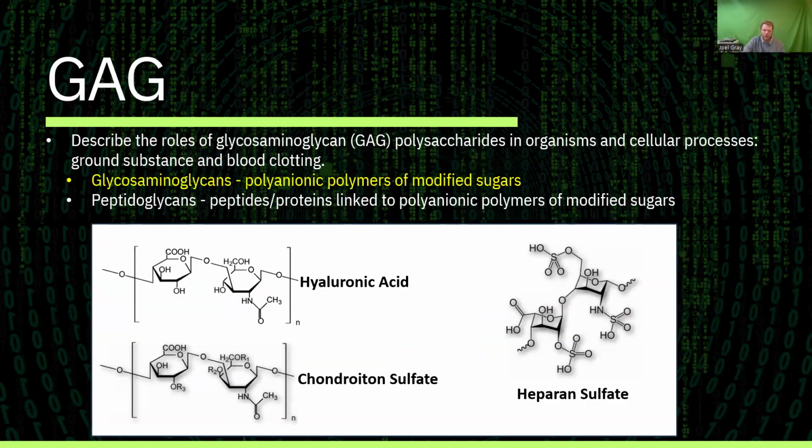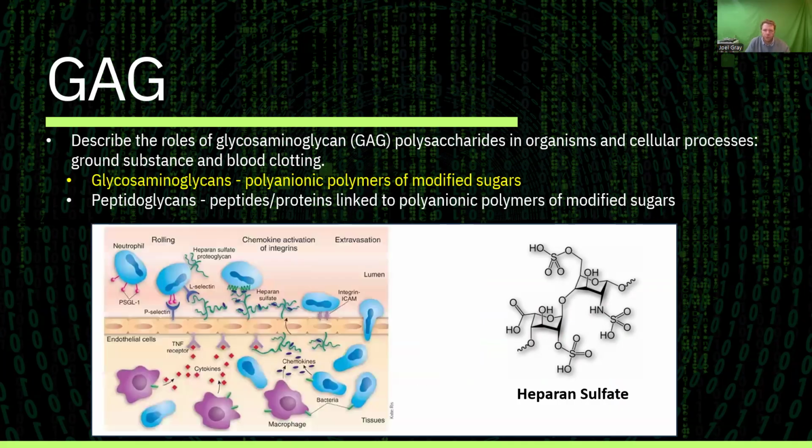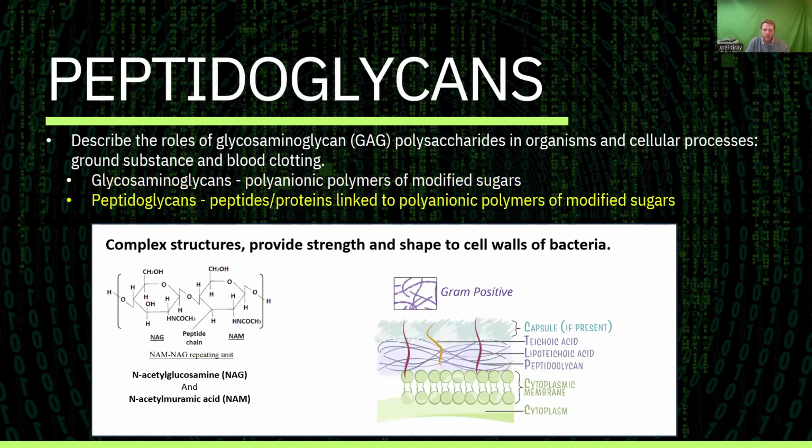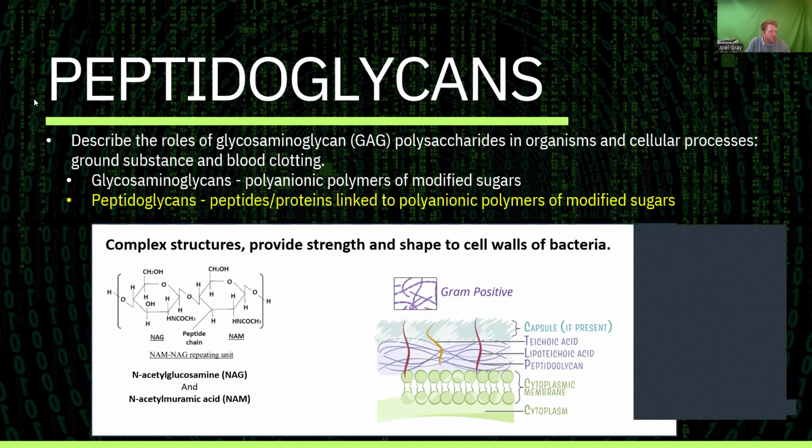It's another role that sugars can play in cellular processes as well as blood clotting, connective tissue, and cell walls. We're going to instead change gears a little bit, and now we're going to talk about proteins and protein sequencing.